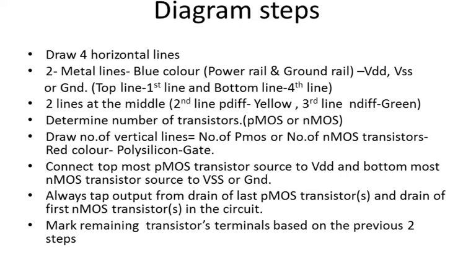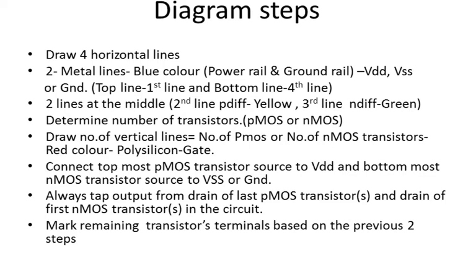These are the steps to draw a stick diagram. To start drawing, these are the most important points to be noted. Draw 4 horizontal lines. 2 lines are metal lines and 2 lines are the P diffusion line and N diffusion line.